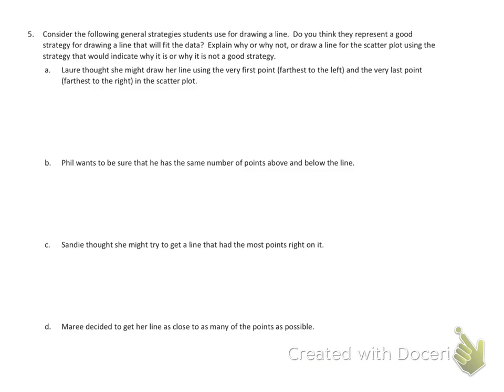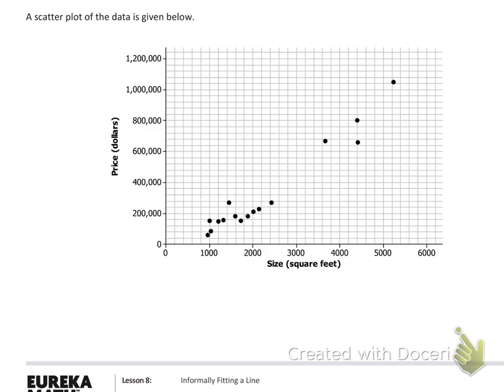And then the last one is Mary decided to get her line as close to as many of the points as possible. All right, so what does her strategy look like? That looks like kind of going in between most of the points, something like that. So I want to try to get as many points as close as possible to my line.